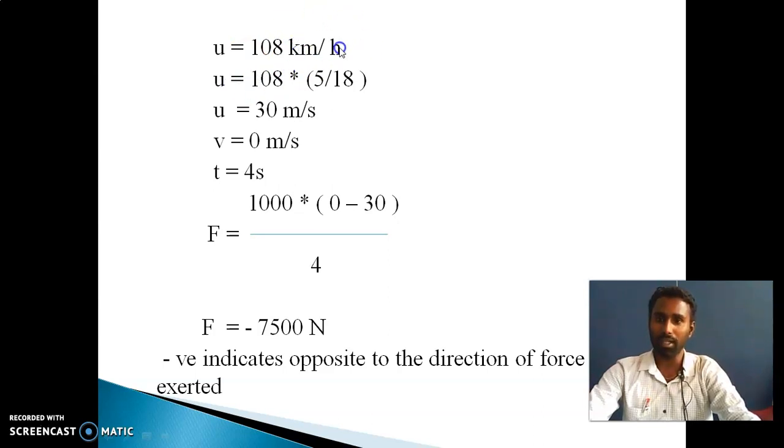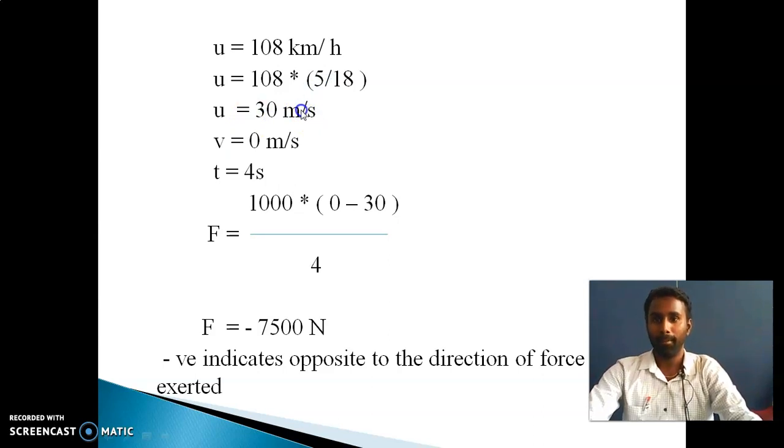We have to convert it to meter per second, so we have to multiply by 5 and divide by 18. I already said why we have to multiply by this number. So 5 by 18 into 108, whether you multiply and divide or divide and multiply, you will get 30 meter per second.